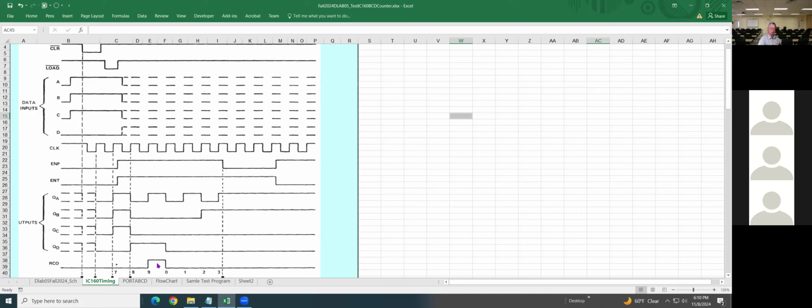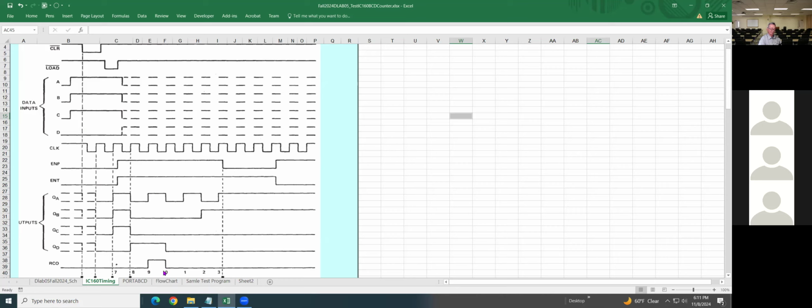After the output reaches number 9, 1, 0, 0, 1, that means counting is complete, and it goes high. So if I'm looking at the output RCO and I see it go high, I know this will be number 9. They already reached number 9. Then they start over. That means the output RCO goes back to 0.